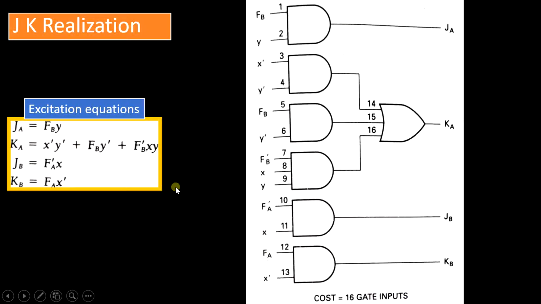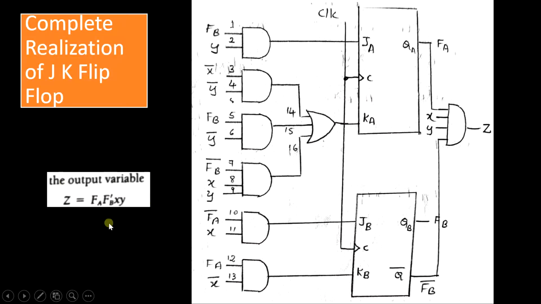Now one important observation that you need to make here is that in the transition table we also had an output variable Z, and that expression is not considered. If I am going to consider the output variable Z, the complete realization of the JK flip-flop will have the same 16 inputs.